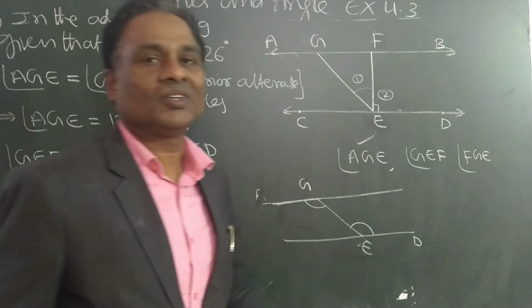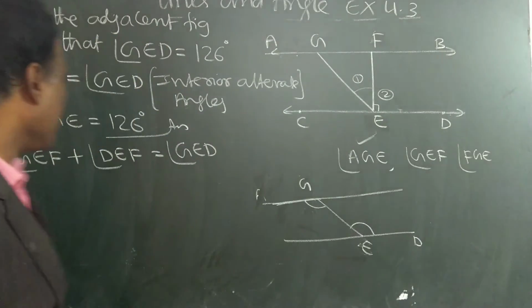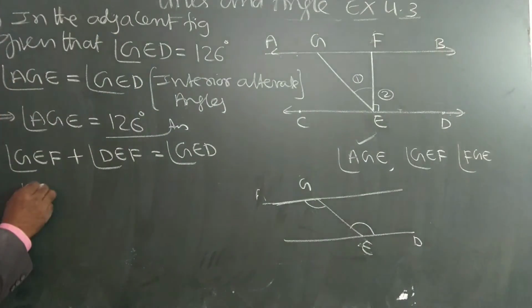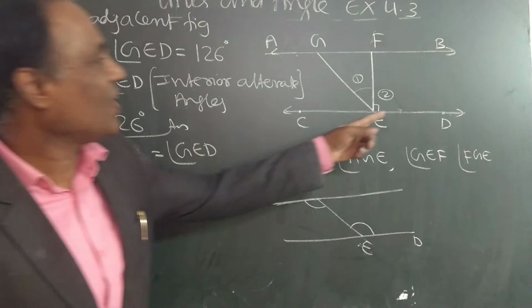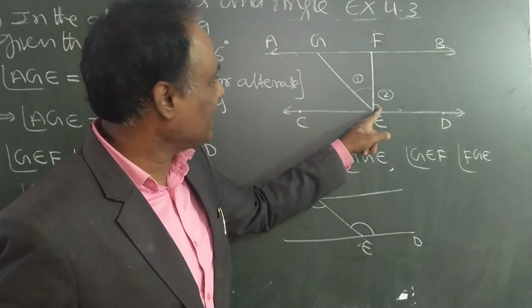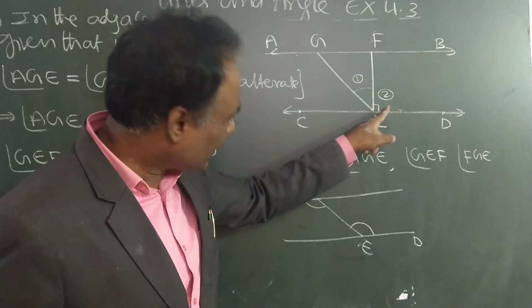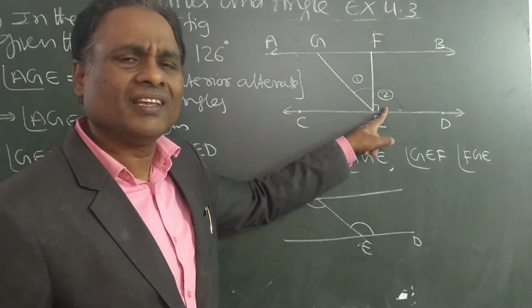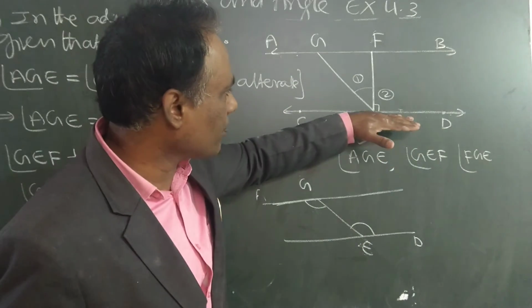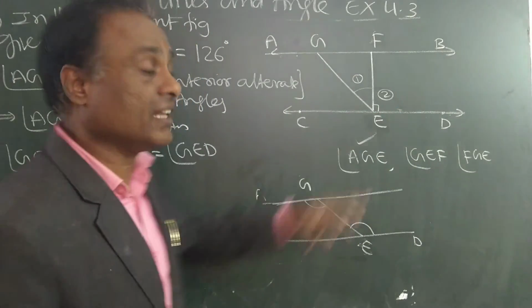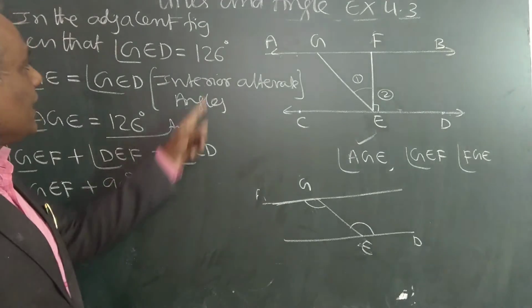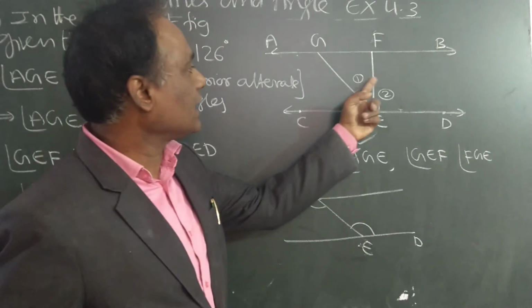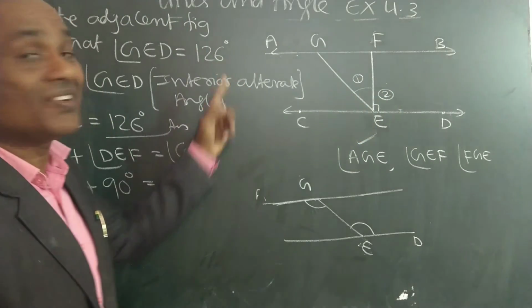Now GEF we have to find; we don't know this value, plus DEF. What is DEF? It is a perpendicular, this symbol means it is 90 degrees. In the question also it is given that it is perpendicular. This total angle GED is given as 126.